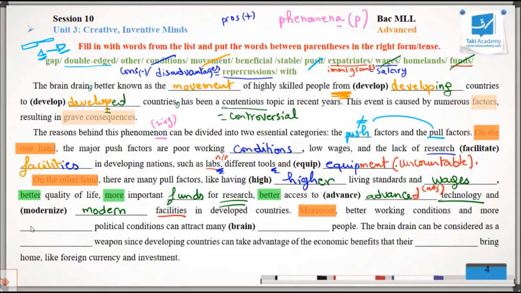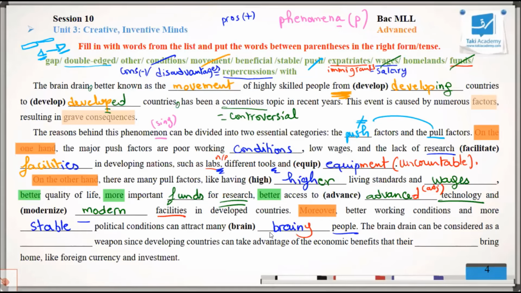If I'm an investor, of course, I need stable political conditions to work. I cannot work in a place that has war. I cannot open a business there. So we need stable political conditions can attract many people. Yes, we've already seen this adjective, many brainy people, smart people.